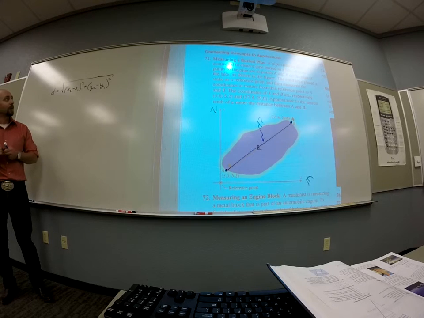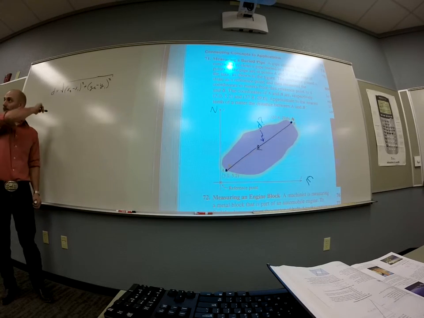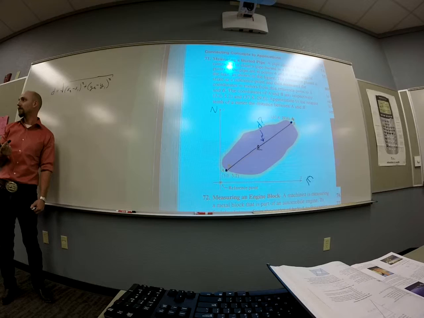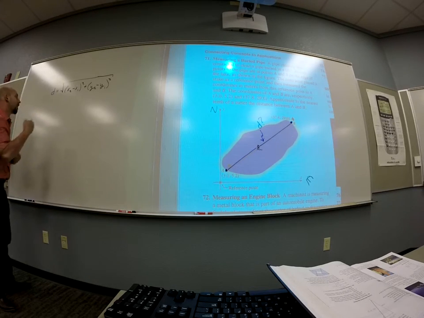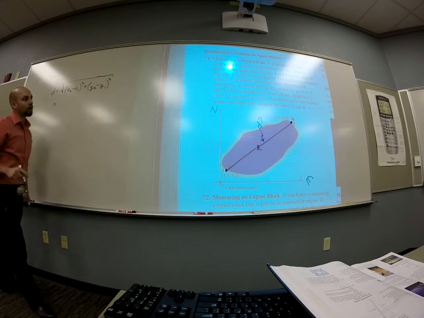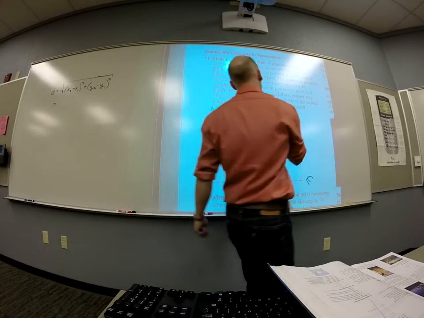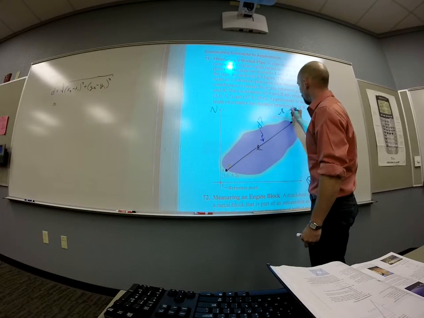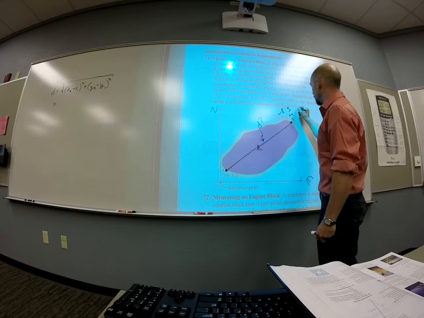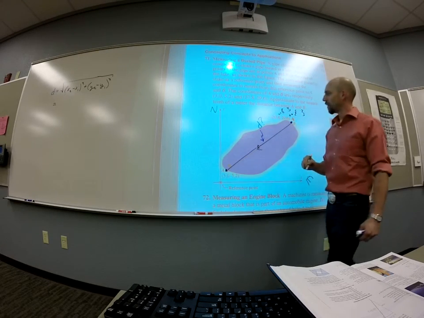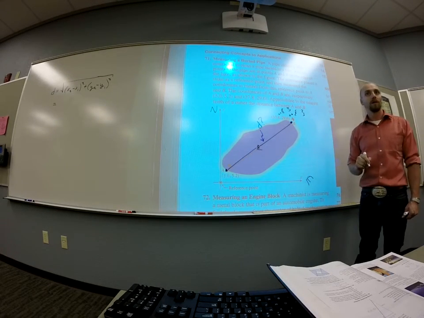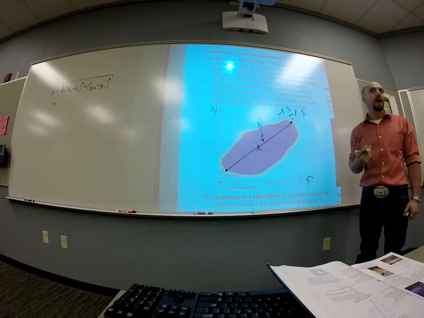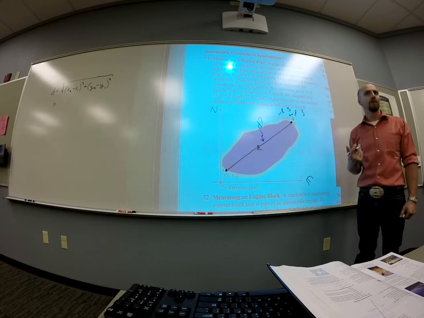Okay, so I need to interpret this in the context of my problem. What should I think when I look at 37.8 and 29.6? Would it matter if I picked x2 and y2?